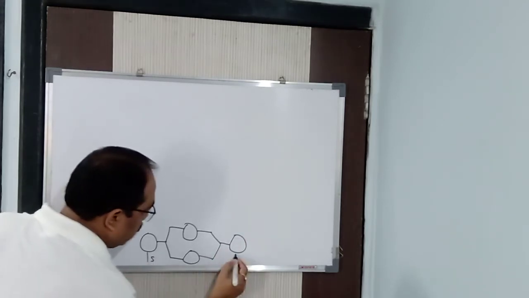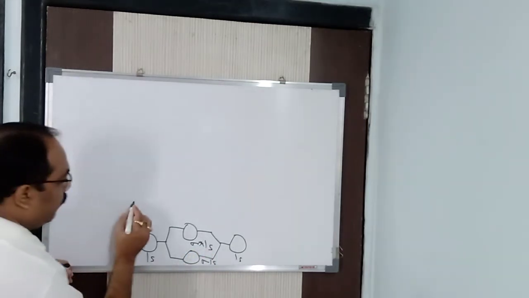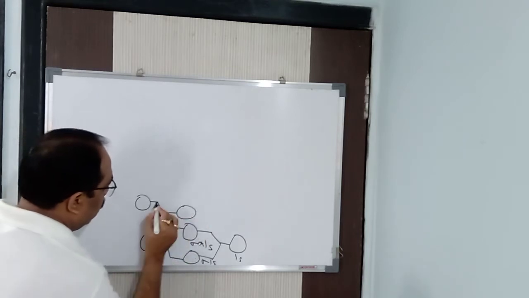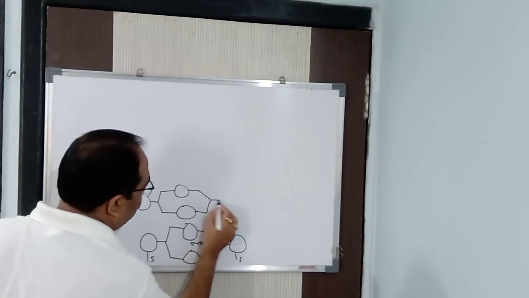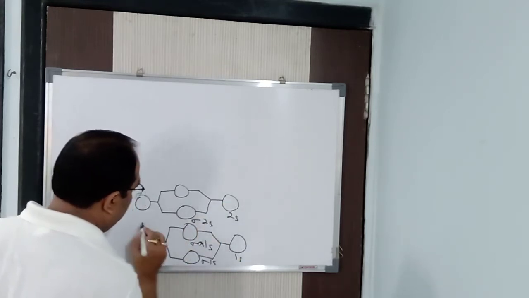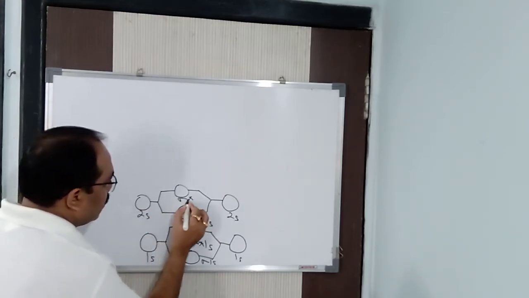This is 1s, sigma 1s, this is sigma star 1s. Now we will have here 2s: this is sigma 2s, and this is sigma star 2s.